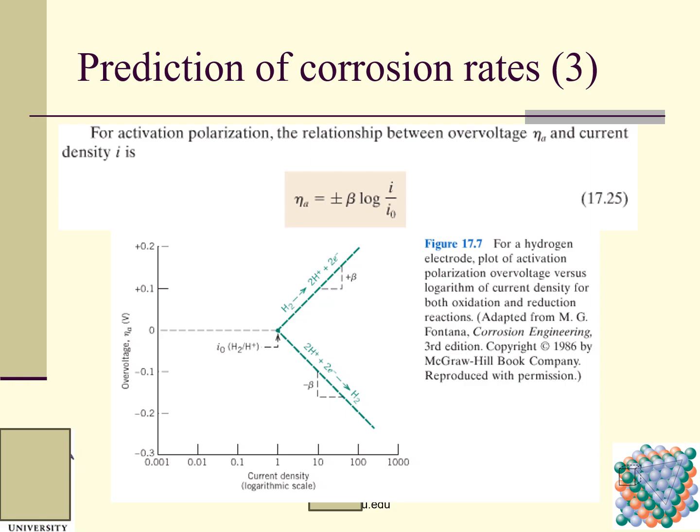So still remember reduction reaction and oxidation reaction. This is the hydrogen electrode plot of activation polarization, overvoltage versus logarithm of the current density for both oxidation and reduction reactions. So this equation describes the relationship between eta A and I, the current density.